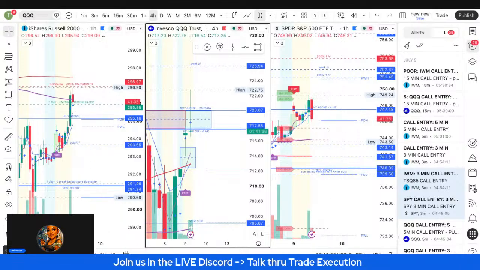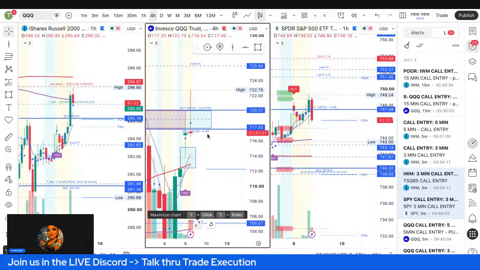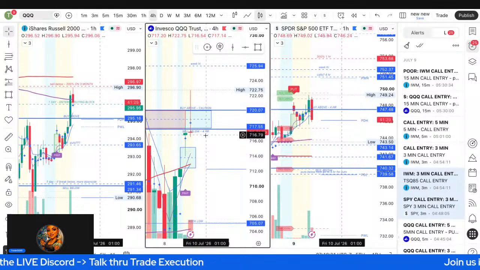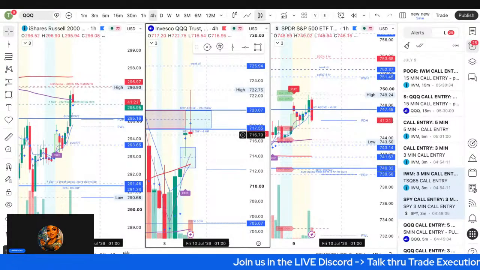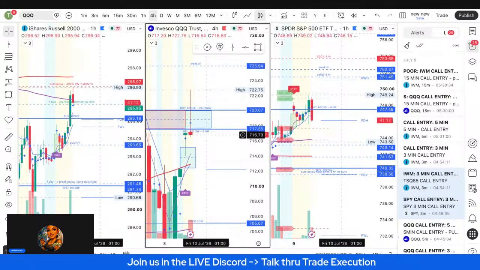Volume kind of pushing over to the downside here on QQQ. You can get a little bit of a start to break a little bit.